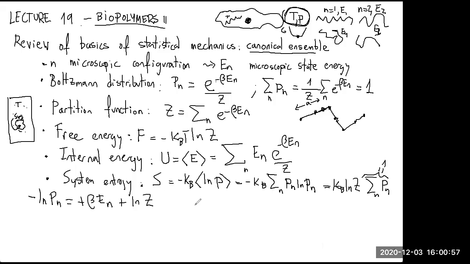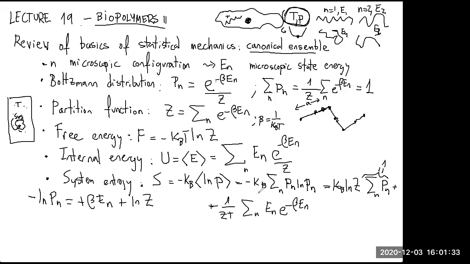And the second term will become, there is a beta and kB. So beta is 1 over kBT. Remember this. So beta times kB is 1 over T. So it becomes, plus 1 over ZT, sorry, I said it in Spanish, 1 over ZT of the sum over n of En e to the minus beta En.